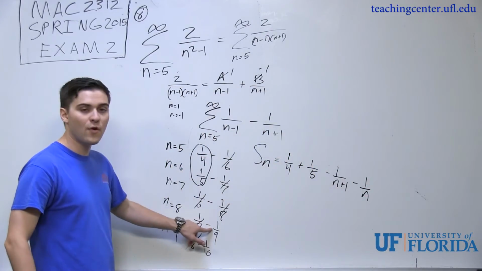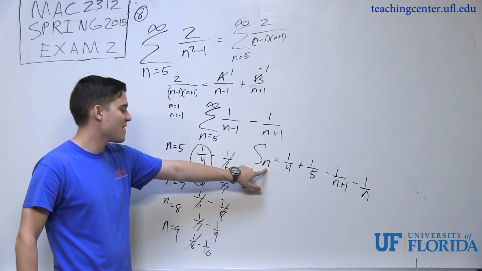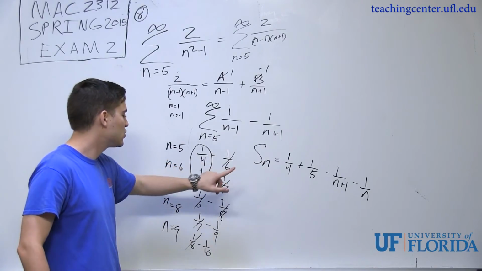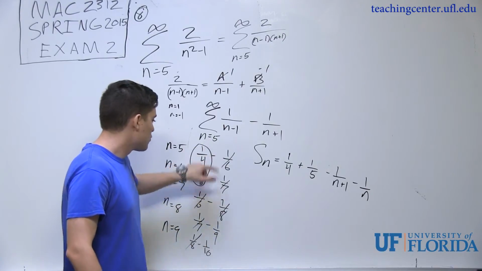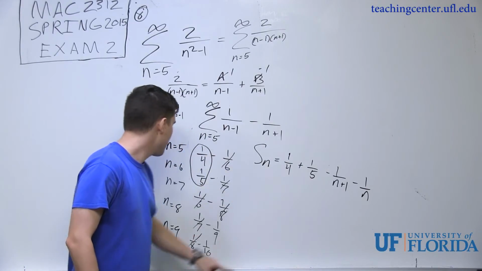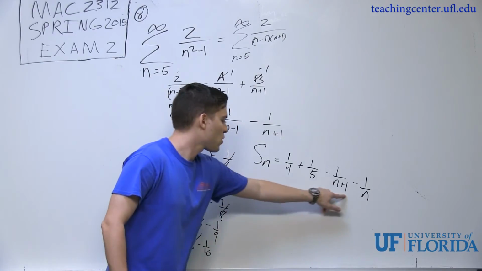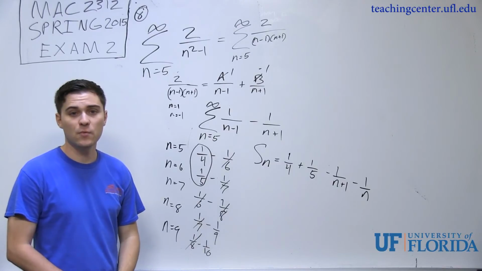This is my 1 over n term. What that basically says is that if I plug in any n value, I should always get those terms. If I plug in n equals 9, I get 1/4, 1/5, 1/9, and 1/10. So therefore this partial sum is the correct expression that we need.